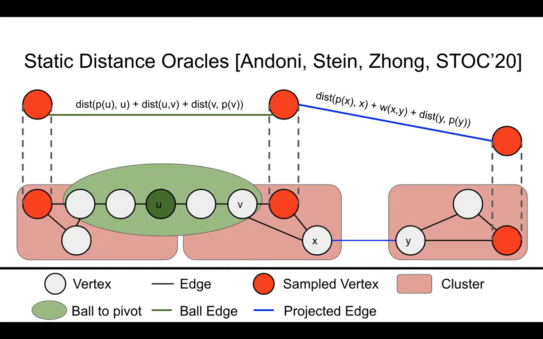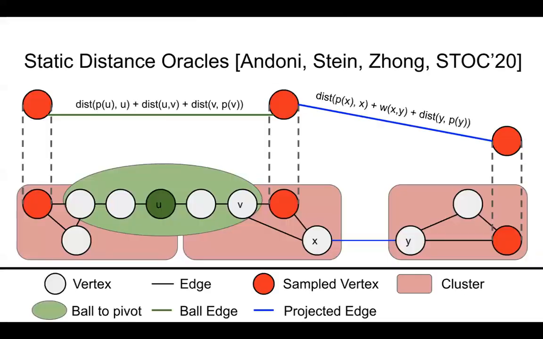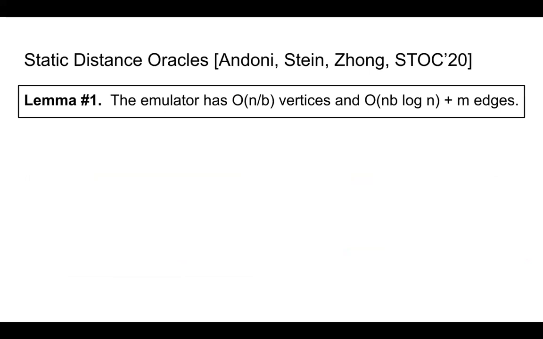Now I'll do a very high-level analysis. We call this new graph, generated from the ball edges, the projected edges, and support on the sampled vertices, an emulator graph.